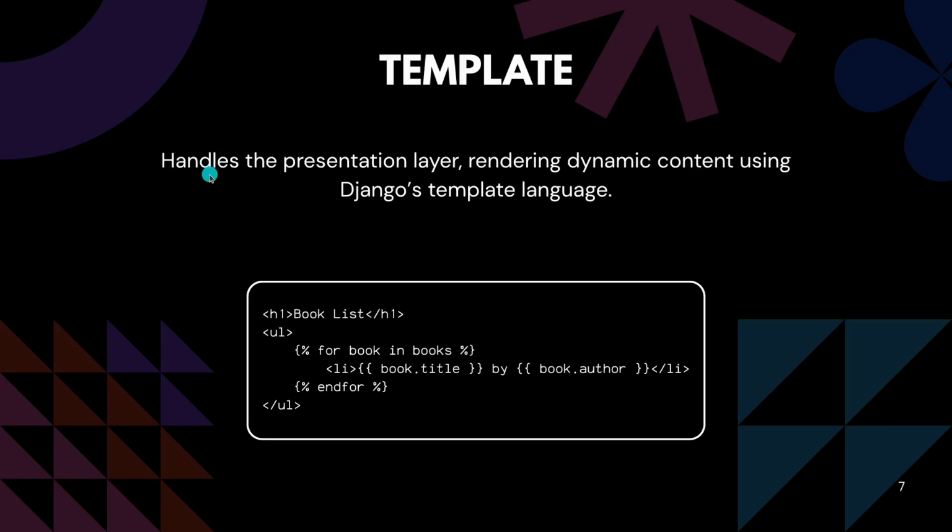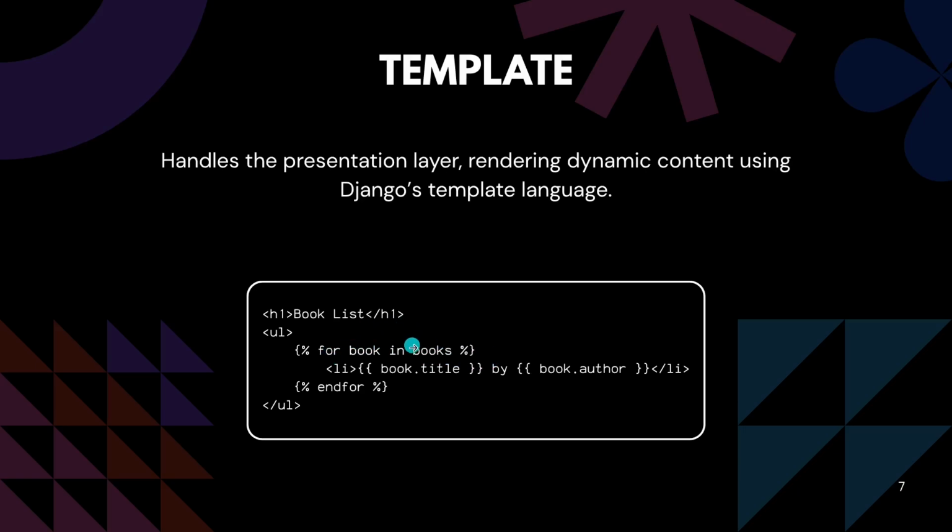Template. It handles the presentation layer. It renders dynamic content using Django's templating language. You can see here a snippet of a Django template. First one is the h1 tag and it shows Book List. Second is an unordered list, and this part of the code contains a for loop, which is really similar to the Python for loop.